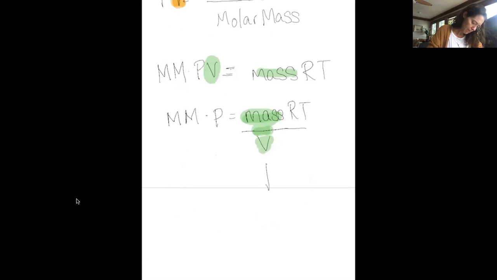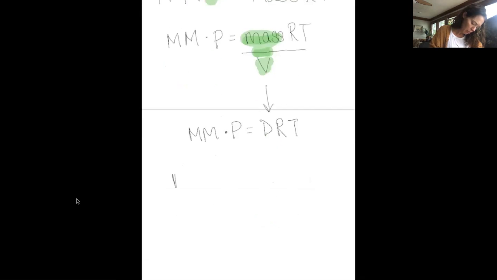All right, that is my density. So I'll bring in my RT is equal to molar mass times P. So molar mass is equal to dRT over P. Now, we've got molar mass in here and we've got density in here.